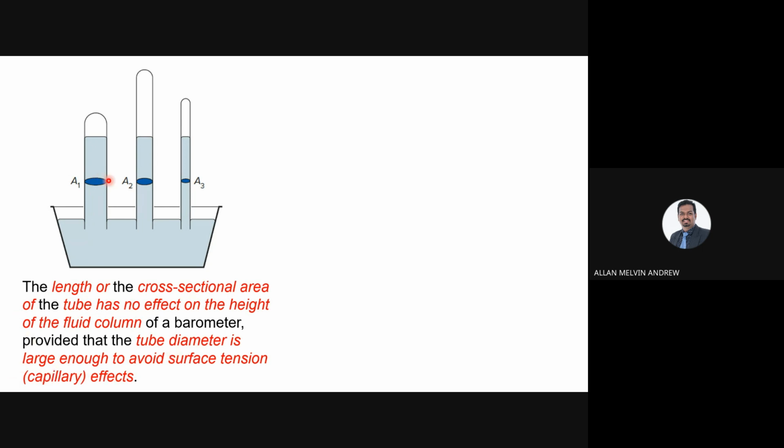As long as there is no capillary effect, like the meniscus, we try to neglect that. If we see, this has a larger cross-sectional area compared to this and this, but the one that we are concerned with is just the height. So the height will be the same.